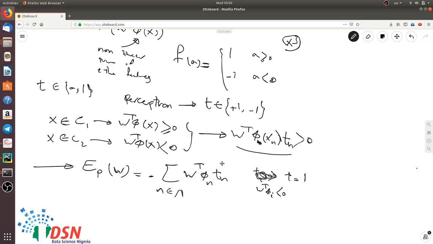The product will be negative because one is positive and the other is negative, and this minus converts it to positive, because it is a cost function, an error function. We want to minimize that.